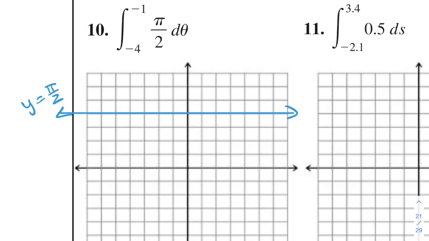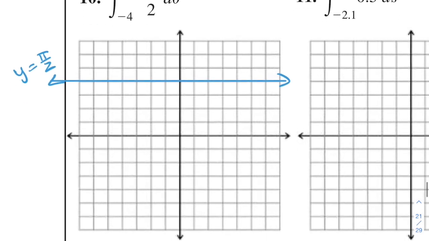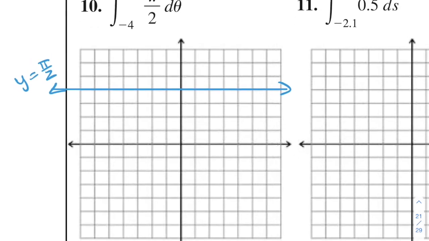It's 3.14 divided by 2. So it's half of 3.14, which is about 1.57. So that number is going to be like that. Just call it pi over 2, and then go from -1 to -4. -4, 1, 2, 3, 4, -4 to -1. Okay.